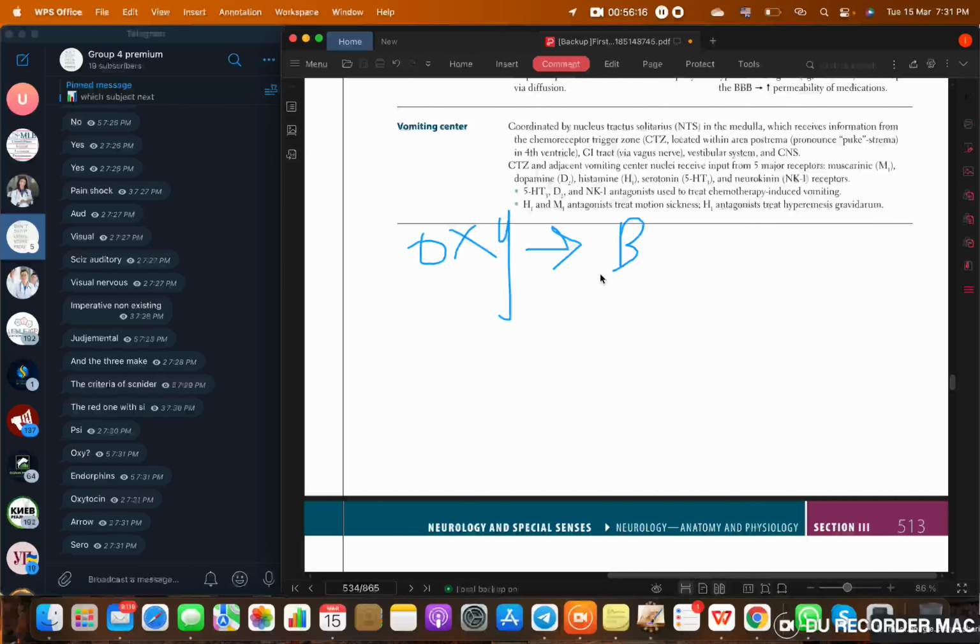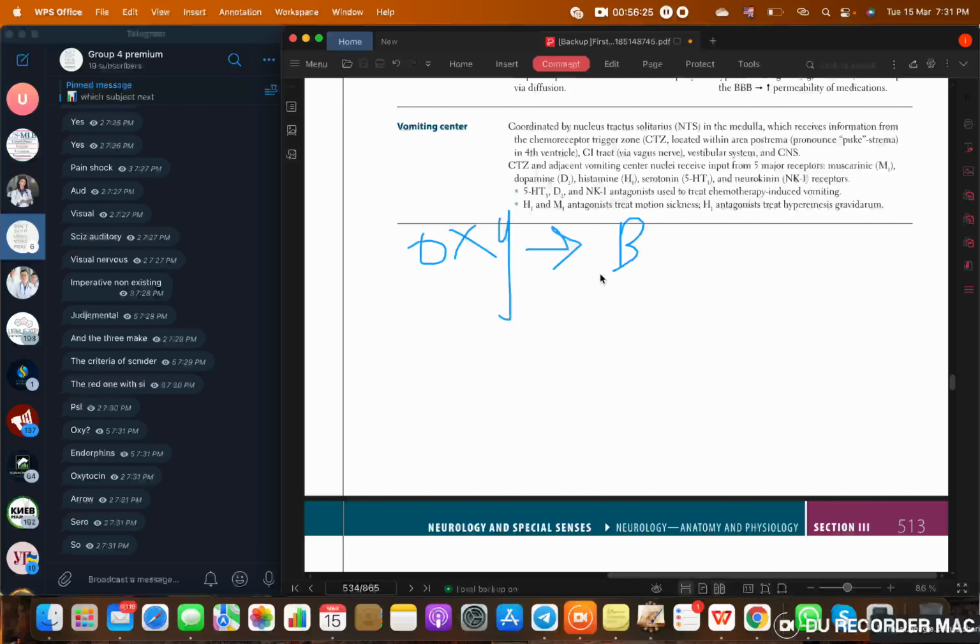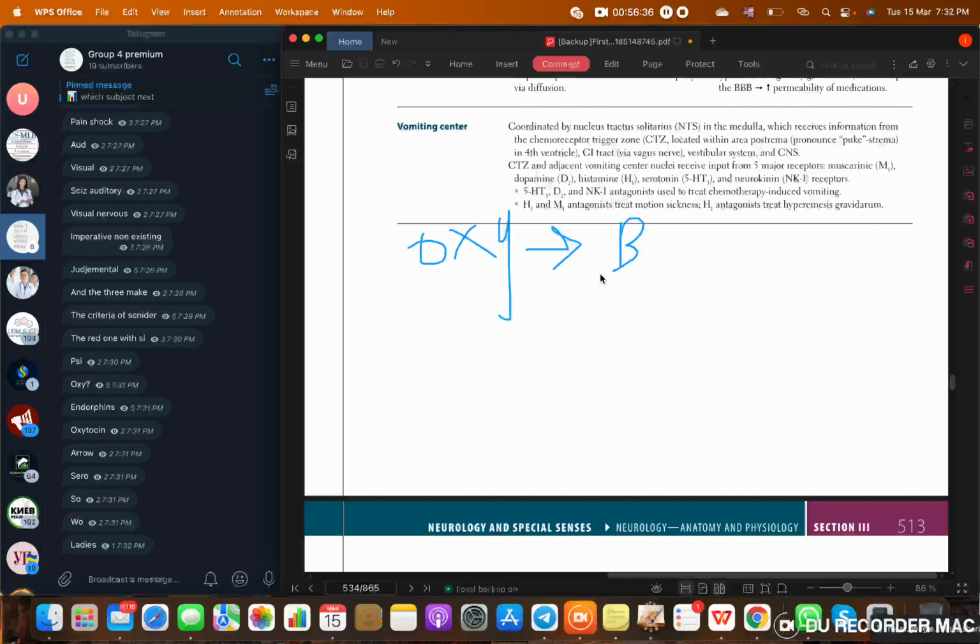Okay, a quickie question: is it more in ladies or in men? Oxytocin. Women have more oxytocin than men. That's why men tend to be more of a cheater, while women tend to be more loyal. I'm not saying always, but most of the time.